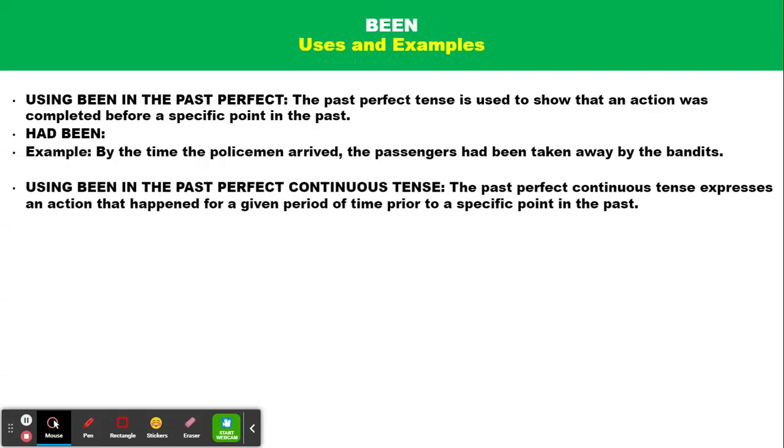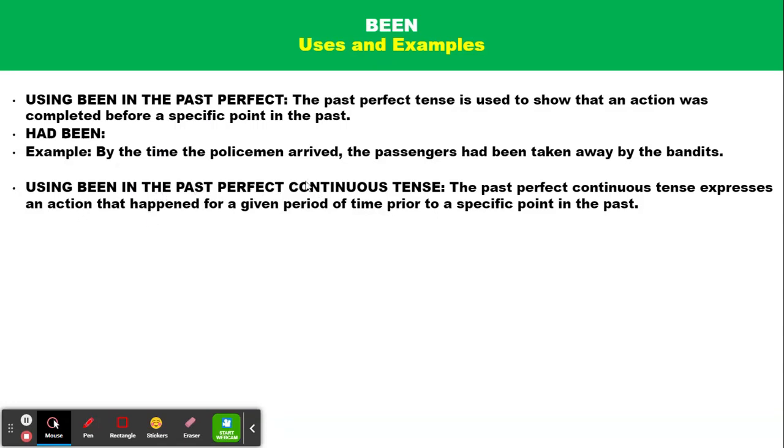Two actions took place in the past: the arrival of the policemen and the taking away of the passengers by the bandits. The first one that took place was the taking away of the passengers, and that's why we use the past perfect tense. The passengers had been taken away. That's one way of using been in the past perfect tense.